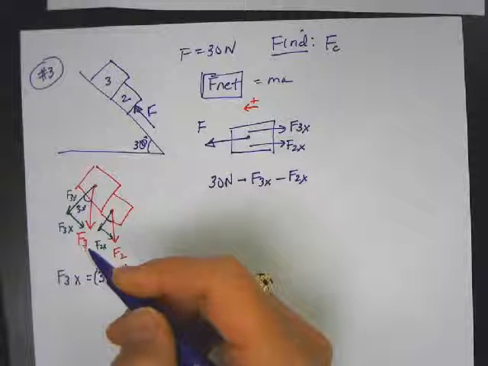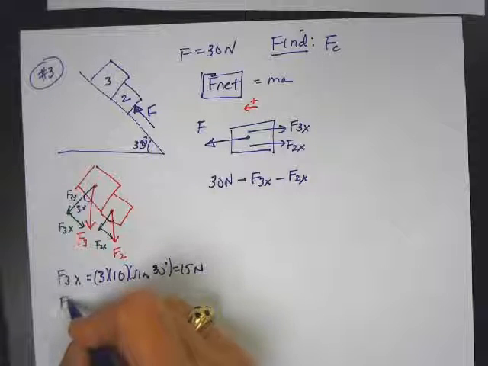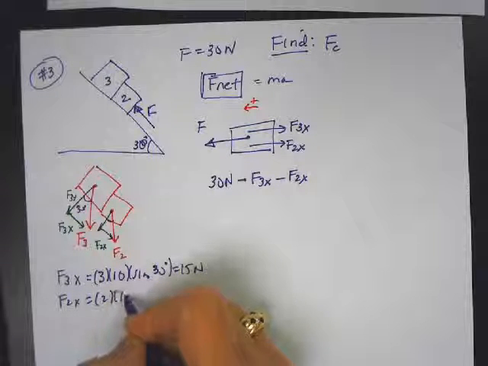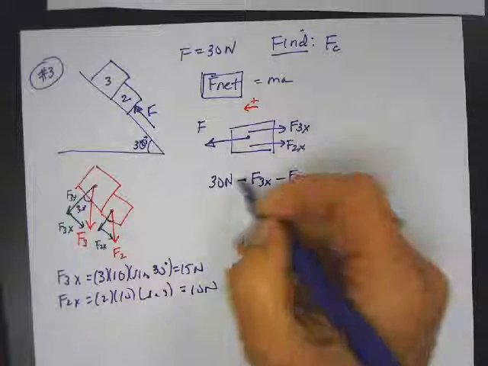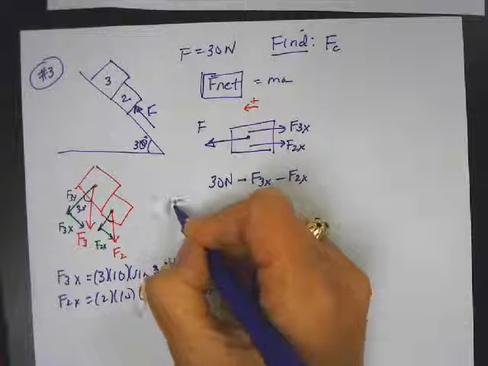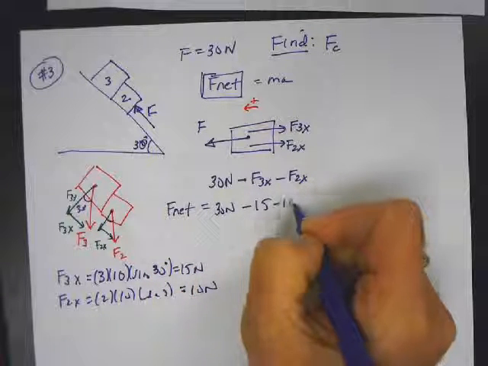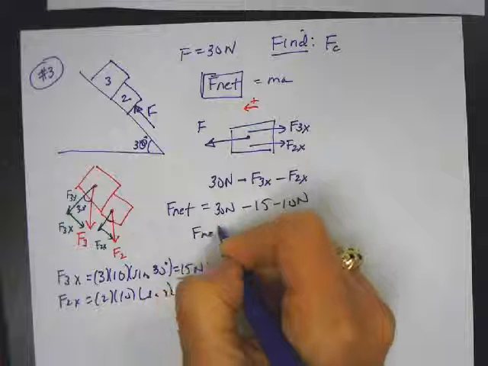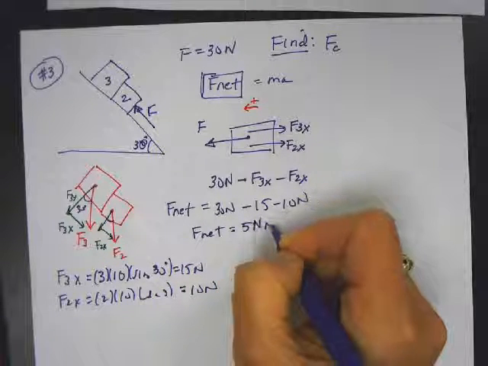So this one comes out to be 15 newtons. And then F2x comes out to be 10 newtons. So now when we sum forces, my net force is equal to 30 newtons minus 15 minus 10. So my net force is equal to 5 newtons.